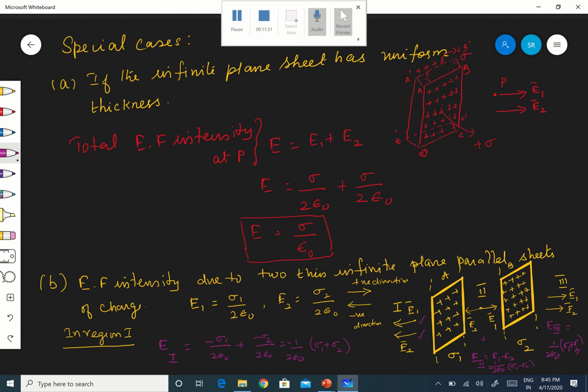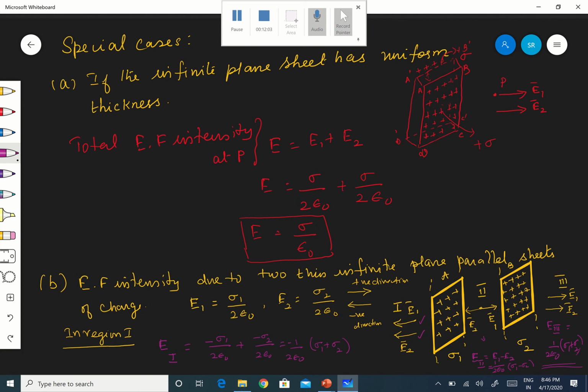In the second region, E1 is from left to right and E2 is from right to left, therefore sigma 1 is positive and sigma 2 is negative. In this third case, both are positive. Therefore, you will get this expression. Clear? Hope you are following.